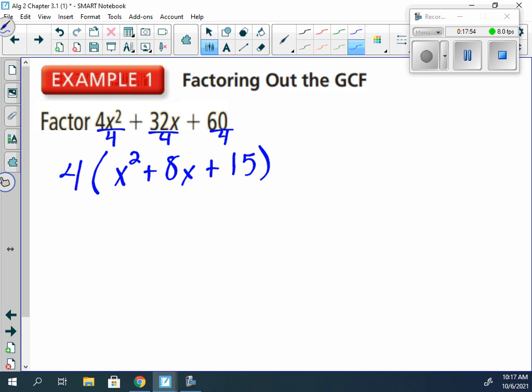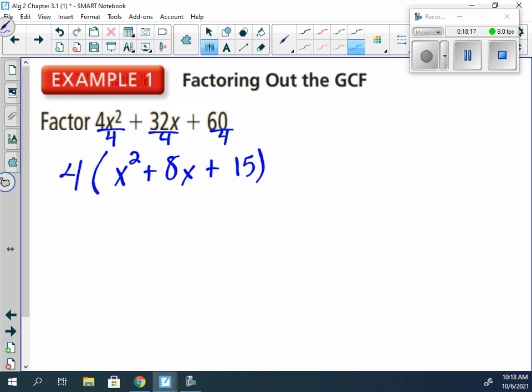And 60 divided by 4 would be 15. You had it right. That would be 15, because 15 and 15 is 30, 30 and 30 is 60. Exactly right. Any questions about step 1 with the greatest common factor?